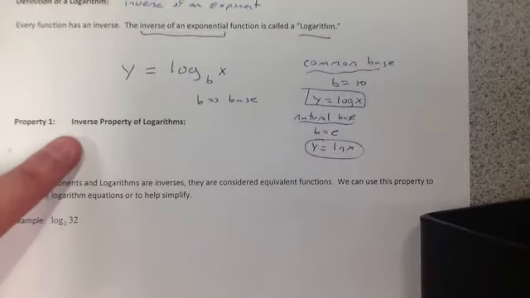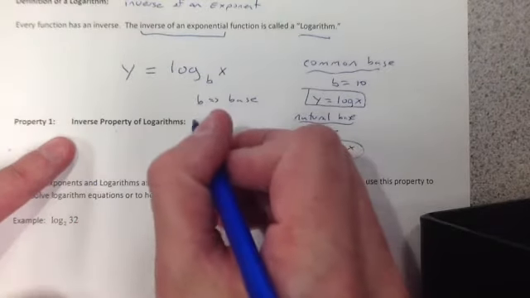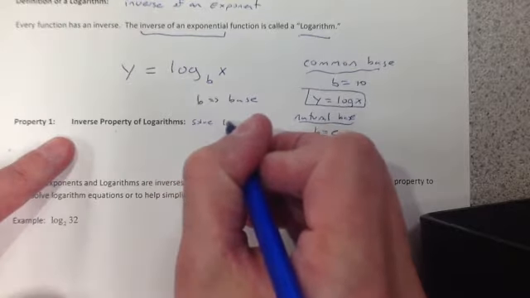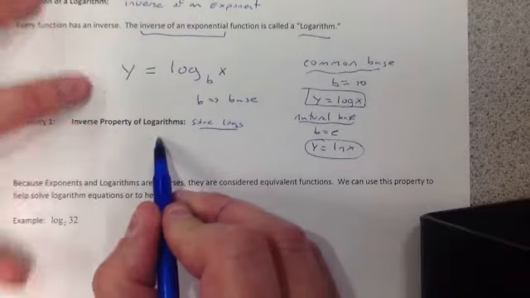Now, the first property we're going to talk about today is what's called the inverse property of logarithms. This is what we use to solve logs. This gives us the relationship between logarithms and exponentials.